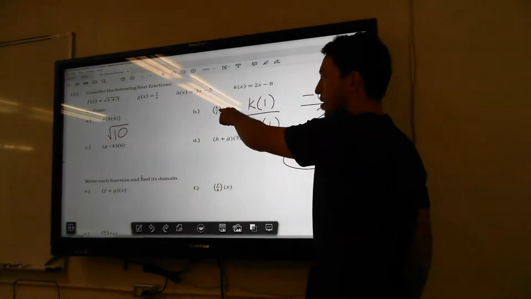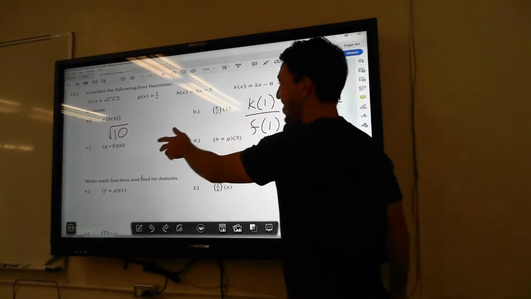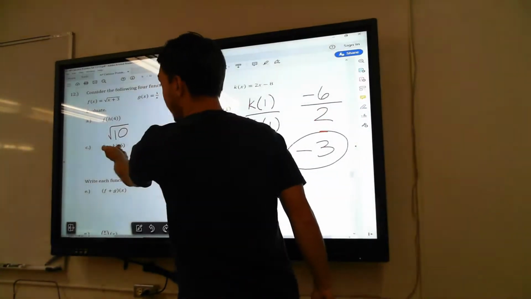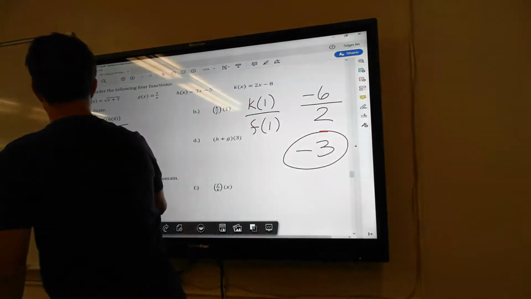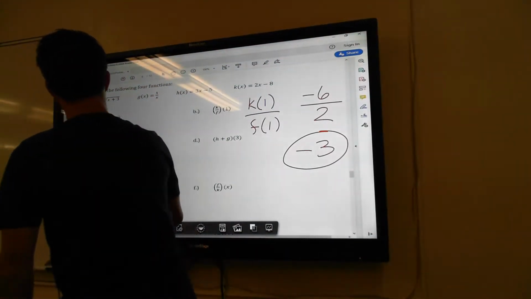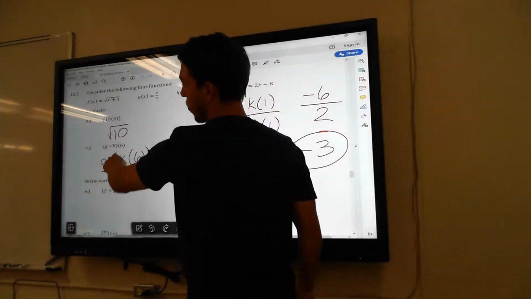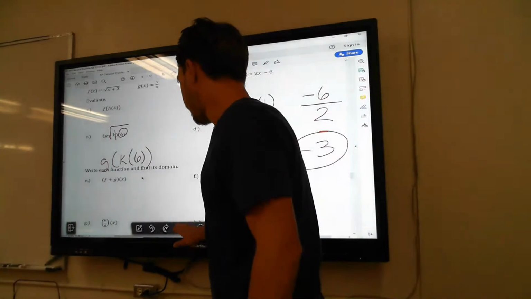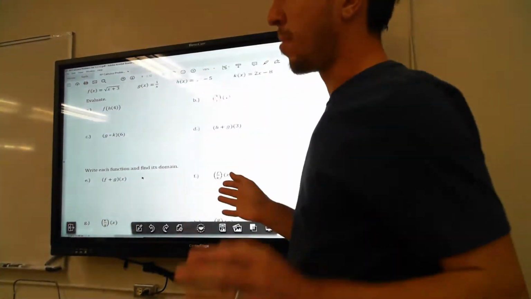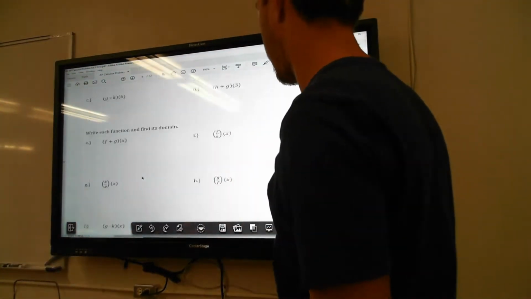So that just means divide. That means add. The little dot means of. So this is a different way of writing g of k of 6. That little circle means of.